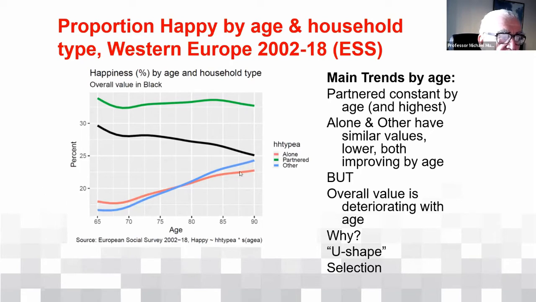The older groups are selected for survival. Indeed, the fact they're happy may be part of the reason they are still alive. We know that people who are happy tend to live longer than people who are not happy. So they are not the same people who are in this age group at 65 as at age 90. We can talk about the complications of that, but the result that we have this difference between the overall average and the components is what I'm going to concentrate on in this presentation.